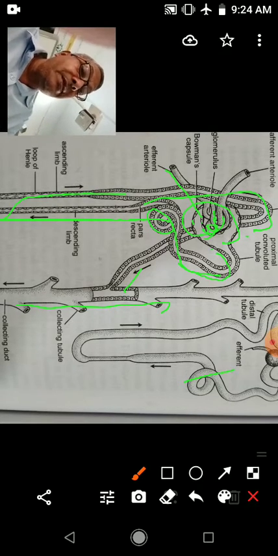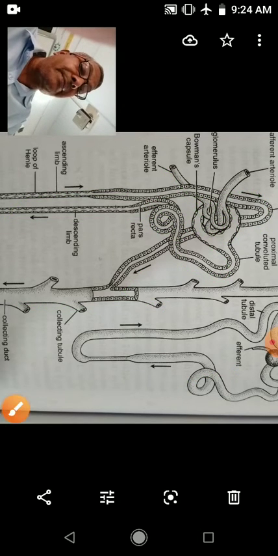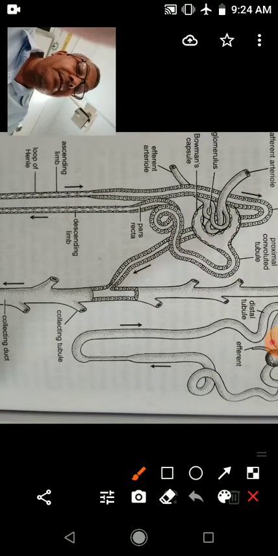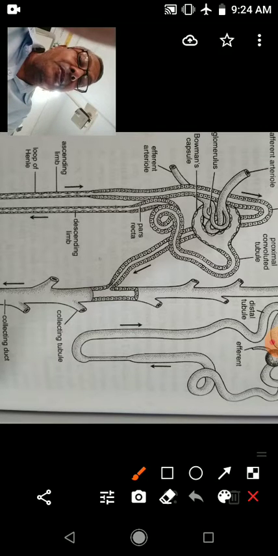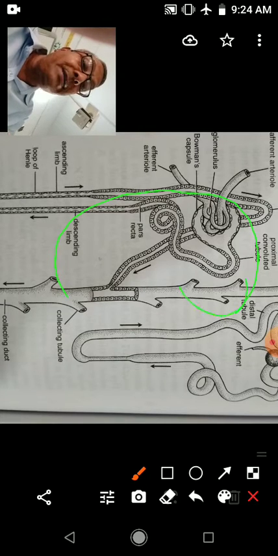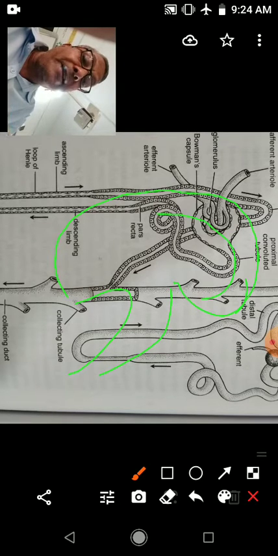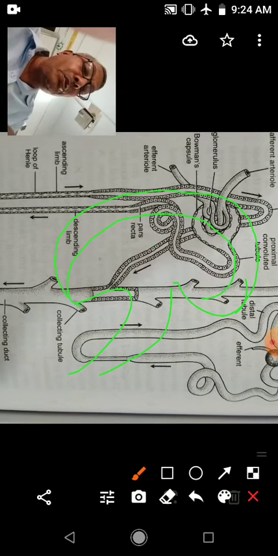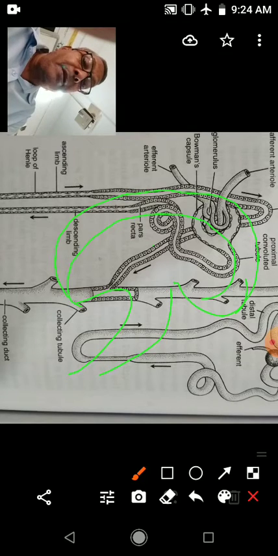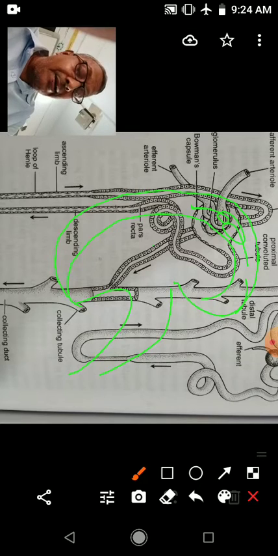Internally the kidney has two parts: the cortex is the peripheral part, and the central part is the medulla. Those nephrons present in the cortical region are known as cortical nephrons. We can identify the cortical nephron because its loop of Henle is shorter.